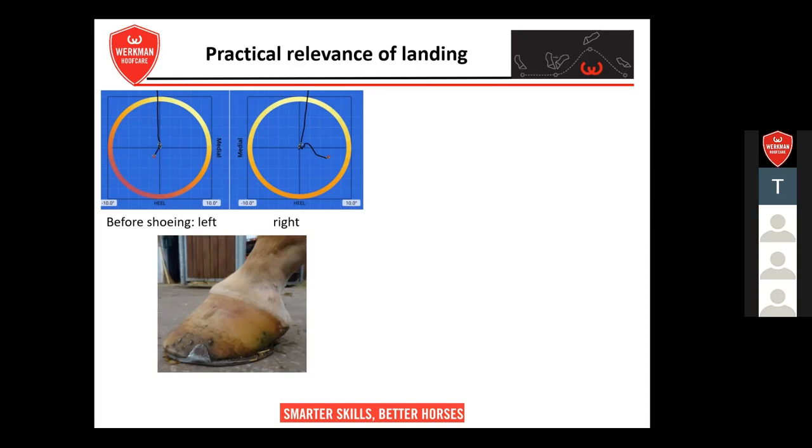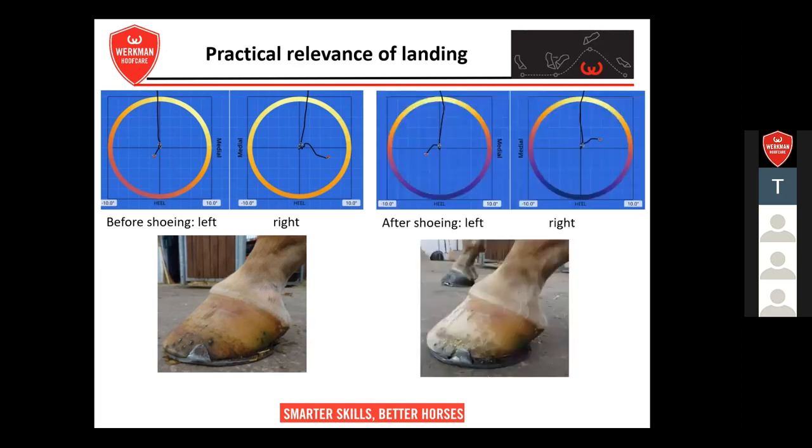So in this example, we see a mare. She came for shoeing. It was a little bit over the period, so she needed a new shoeing for sure. She had a plain landing and a lateral wall landing, and after shoeing, we had this image. We just see little details. This is also something we will explain in the next webinar. It's not that she changed her complete landing pattern.